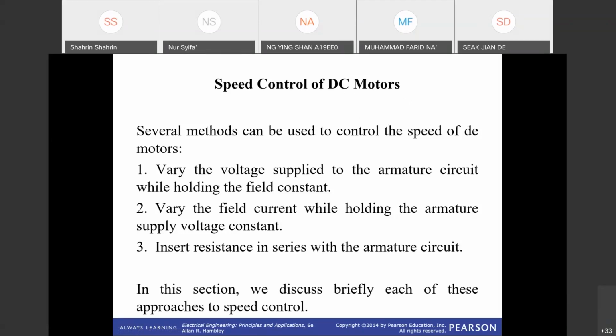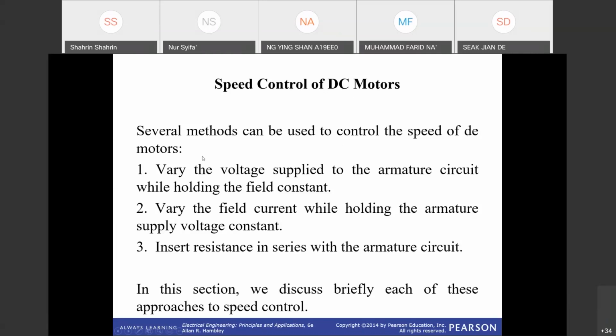For this course, we just introduce how to control the speed of the DC motor. As you can see here, we have several methods to control the speed, because sometimes we need the speed to be varied.